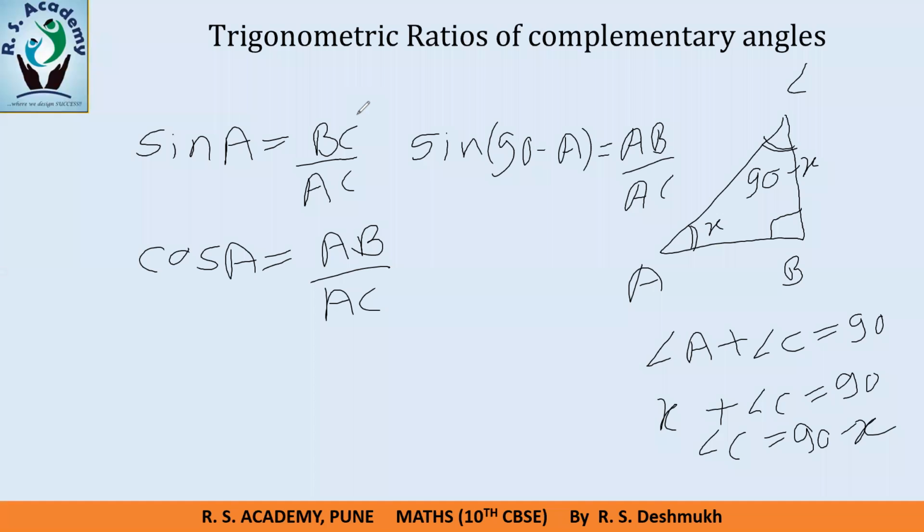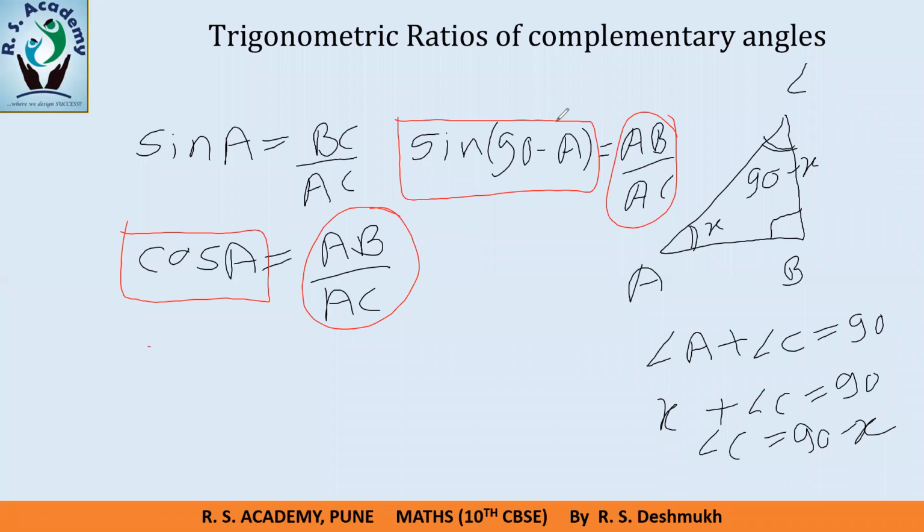Now, if you observe the two different things, here you can check this is cos A and this is sine of 90 minus A. Both values are same. So what does it indicate? Sine of 90 minus A, in general I can say, sine of 90 minus theta is always equal to cos theta.